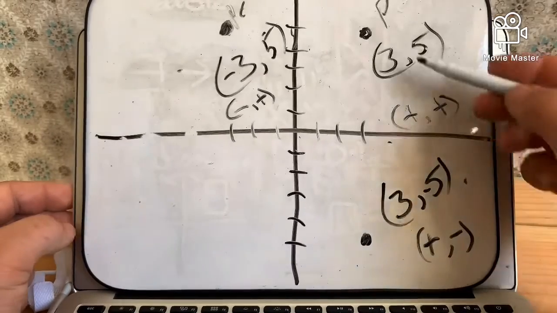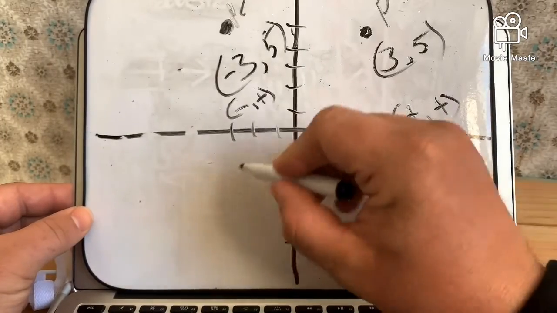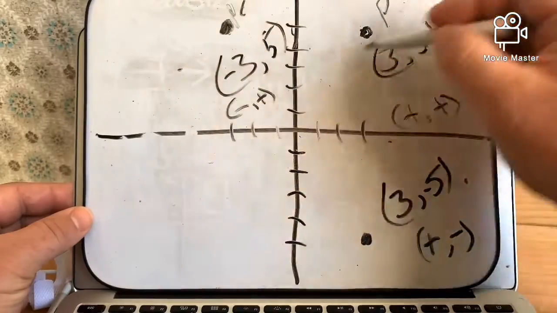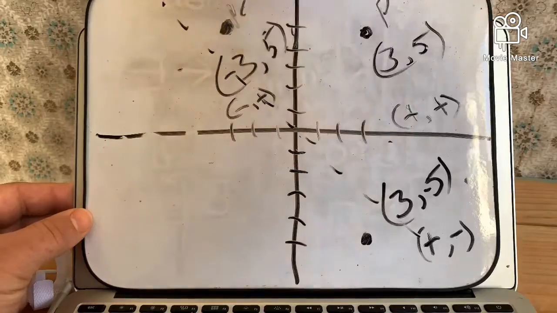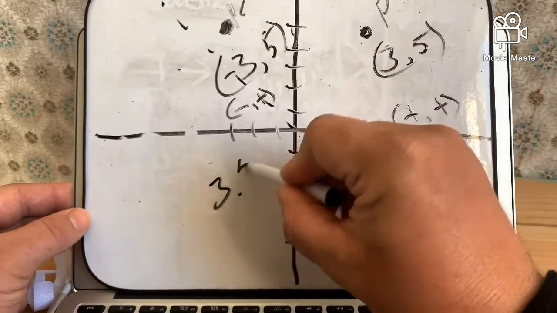So what you can do is you can just say, well, it's gonna be the same coordinates. That tells me here that if I reflected this point across the origin, diagonally, which we could do, say there were a line like that, and we flipped it diagonally, it would again be at 3, 5.